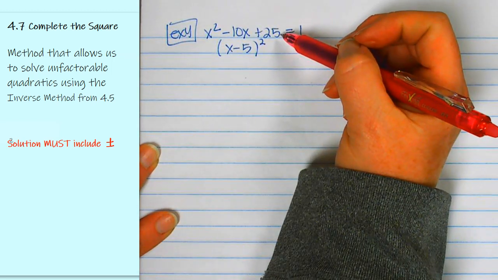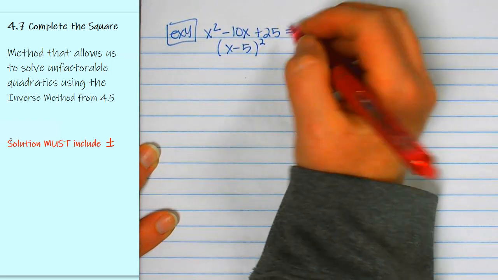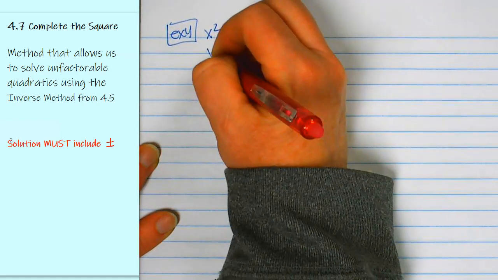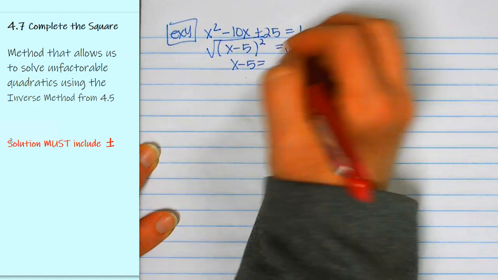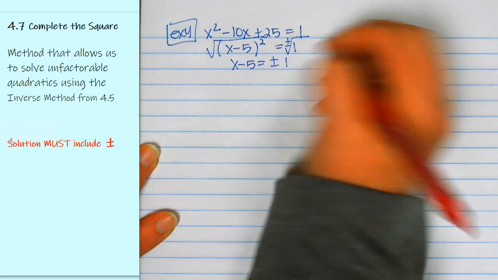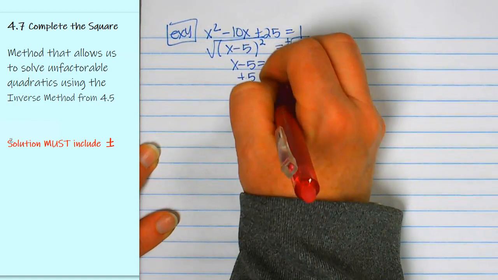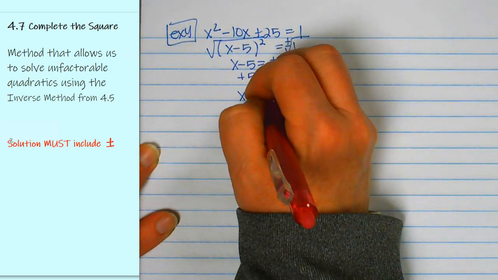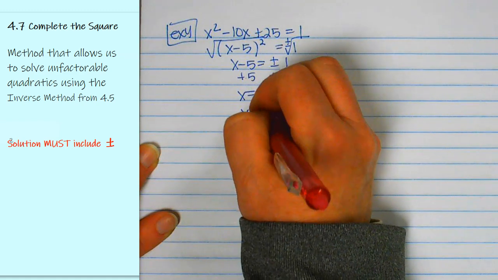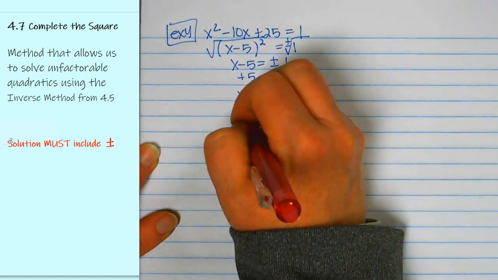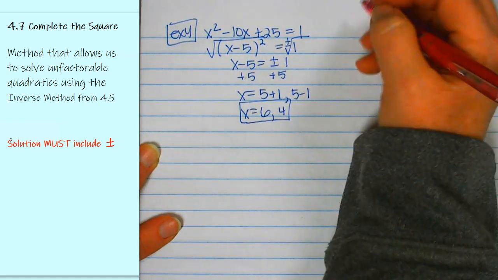That's the factorization of the perfect square trinomial equals 1. Square root, x minus 5 equals plus or minus 1. Add 5 to both sides. X equals 5 plus 1, 5 minus 1, x equals 6 or 4. Those are the answers that work there.